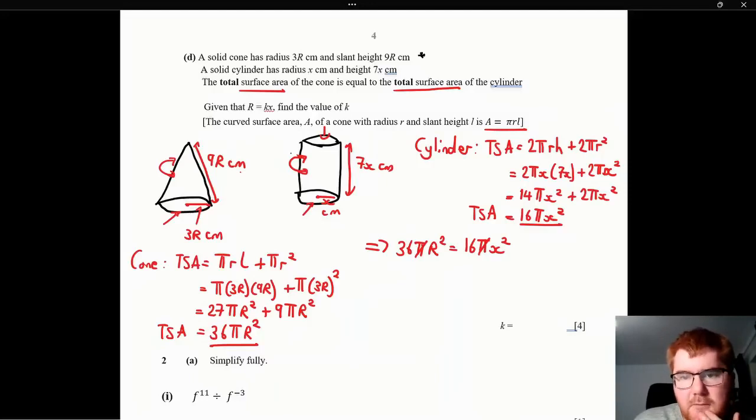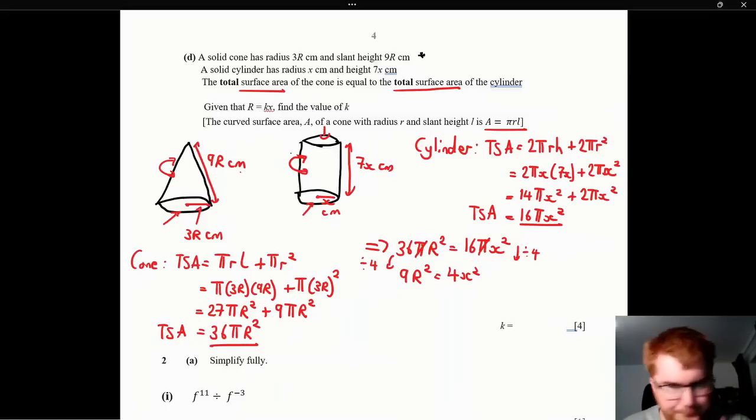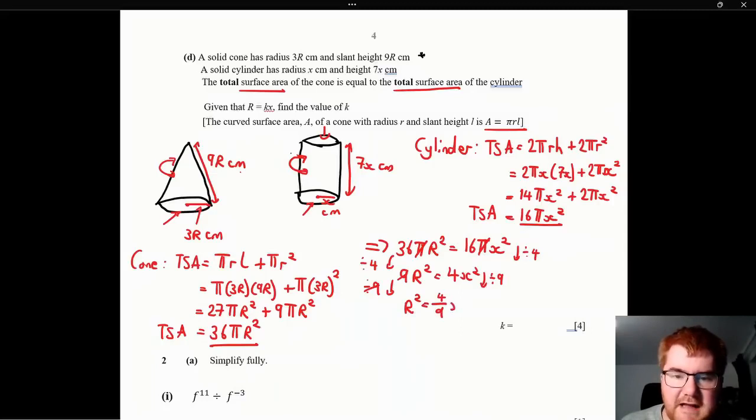We can take a common factor out of 4, so we can divide both sides by 4 here. 36 divided by 4 is 9, so we get 9r squared is equal to 4x squared. 16 divided by 4 is equal to 4. Then we can bring over the 9, so we divide by 9 on both sides. That cancels, giving us r squared is equal to 4 over 9 x squared.